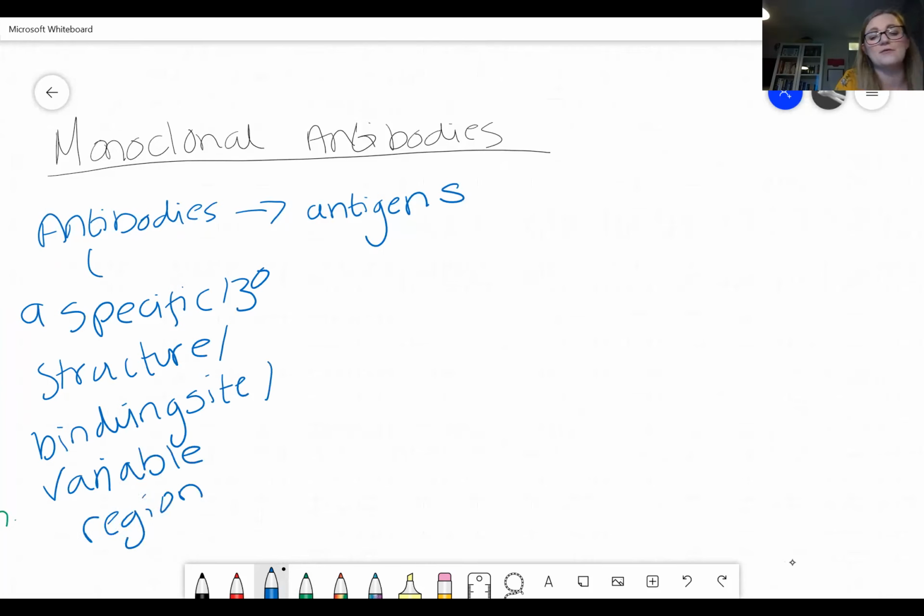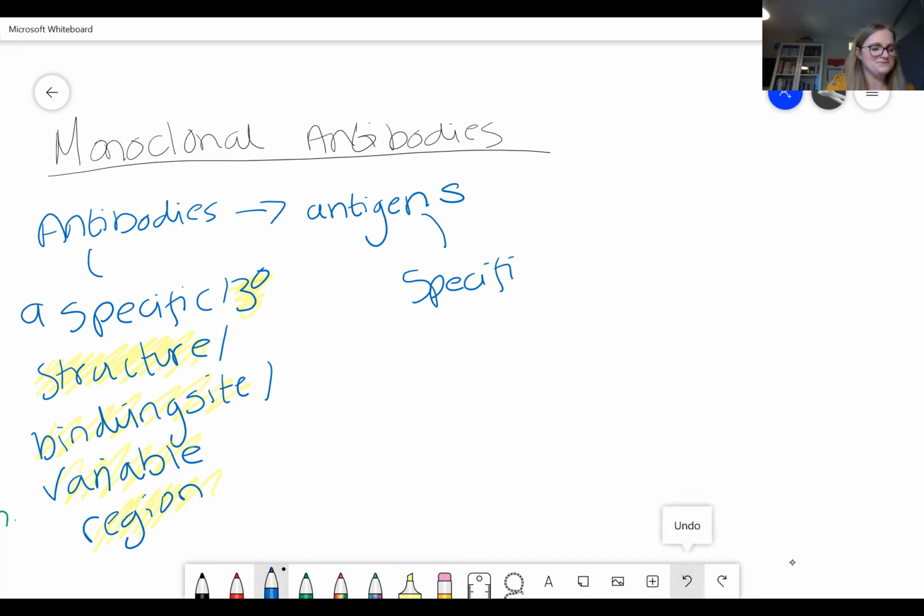You'll see that in textbooks, all three will get used interchangeably, but you are fine using any of them, either a tertiary structure, binding site, or variable region. So they have a specific one, and that is one that is complementary to the specific receptor proteins.